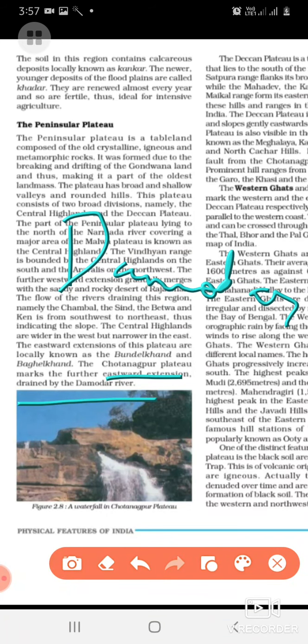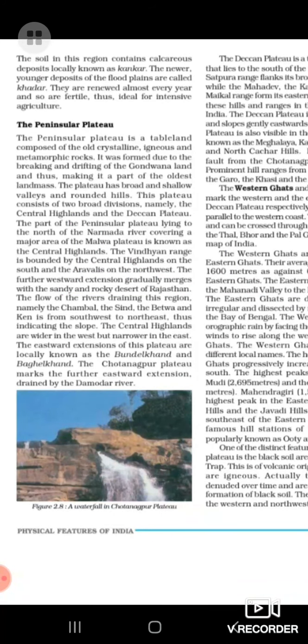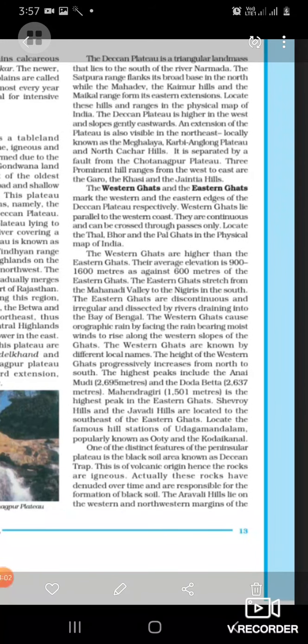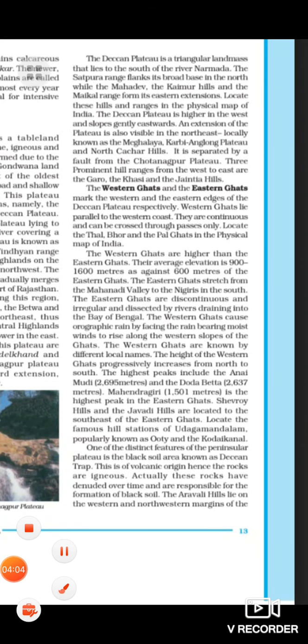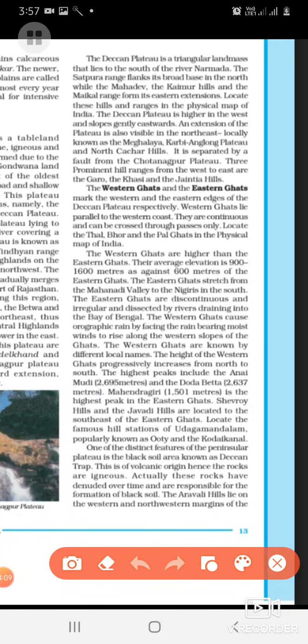Now the Deccan plateau. This name has come from Dakshin, which is why it is named the Deccan plateau. That means it lies towards the south. When we see it on the map, it looks like a triangular landmass that lies to the south of the river Narmada.